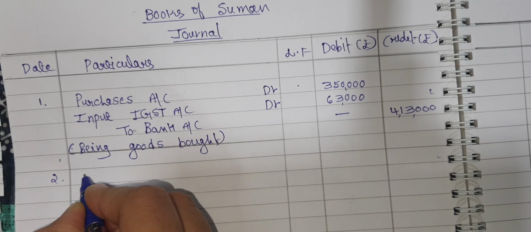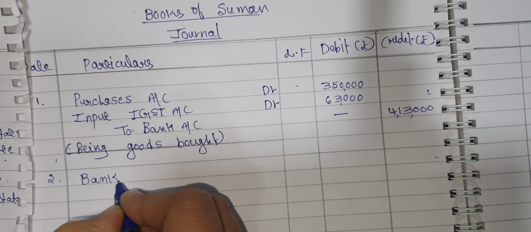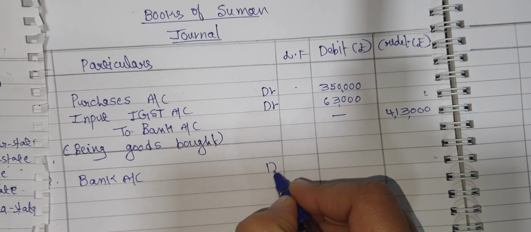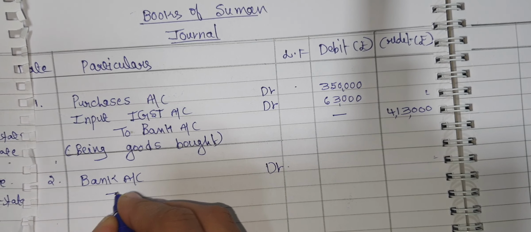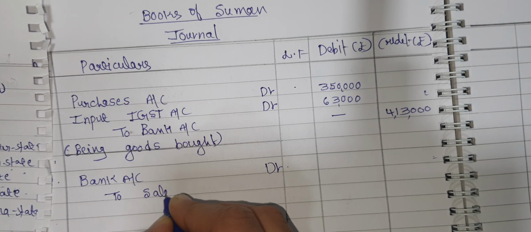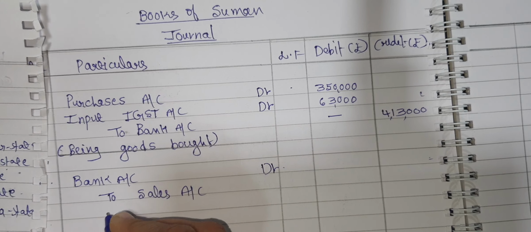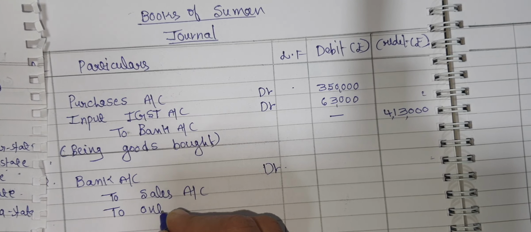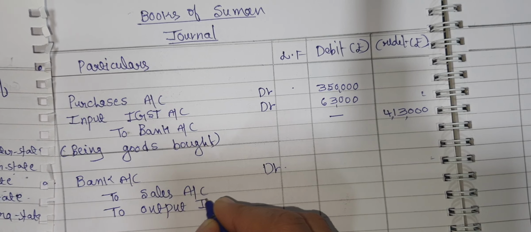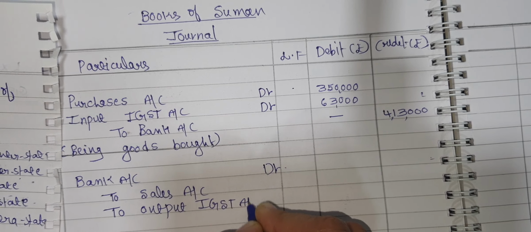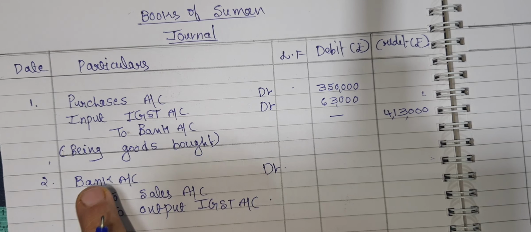The entry is bank account debit, or debtor, to sales account, to output IGST account.